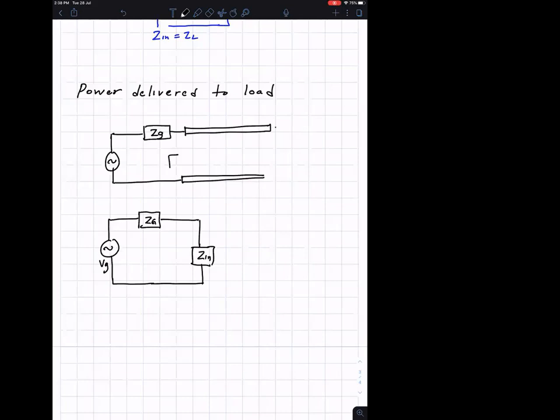So this is the Z in. When you look inside here, Z in. So I'm replacing this with this load here.